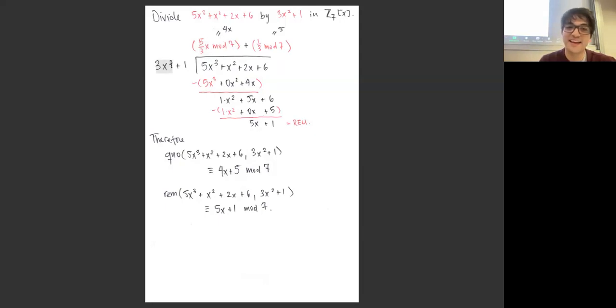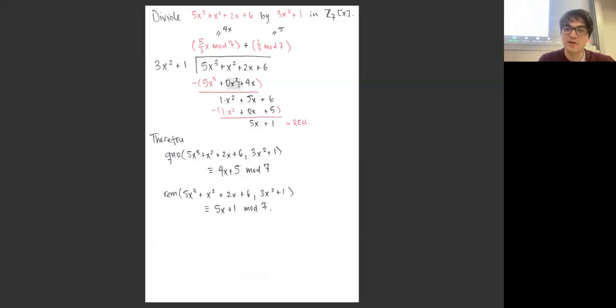So if I take this and multiply by 4x, that's going to eliminate 5x cubed. But that's how I determined that. So let's see. 4x times this gives you 12x cubed, which is equivalent to 5x cubed.